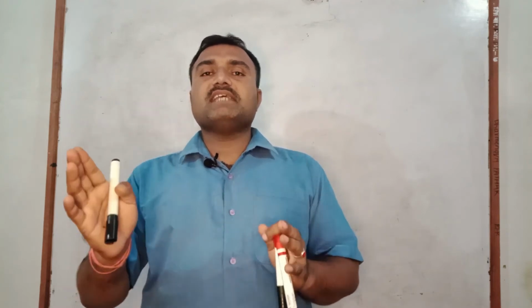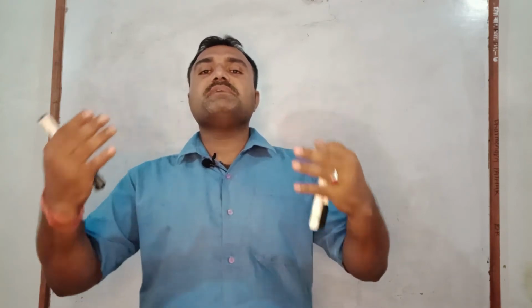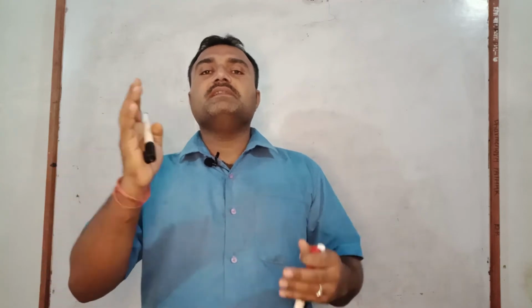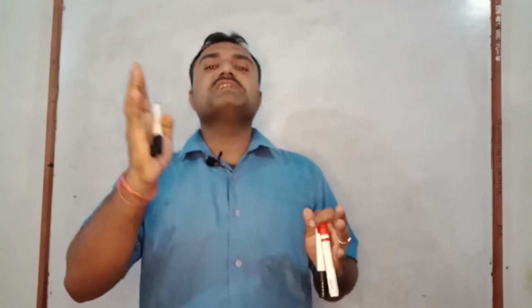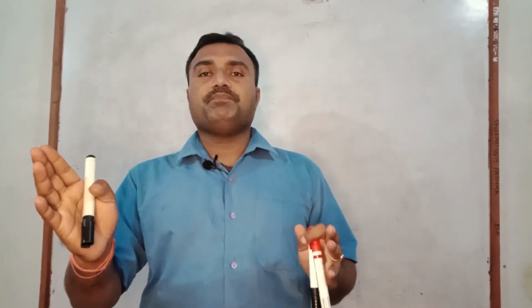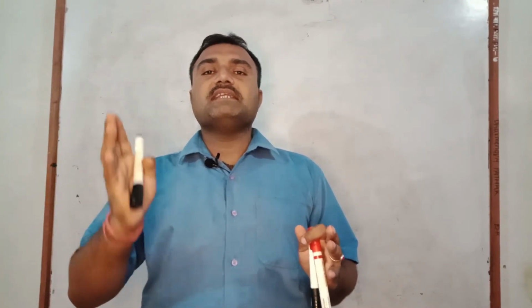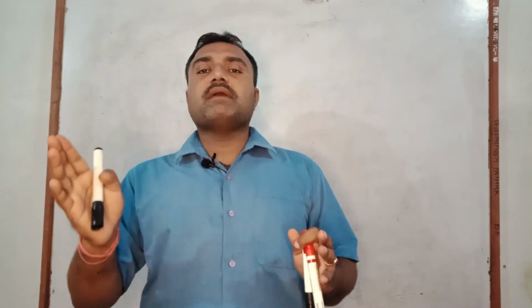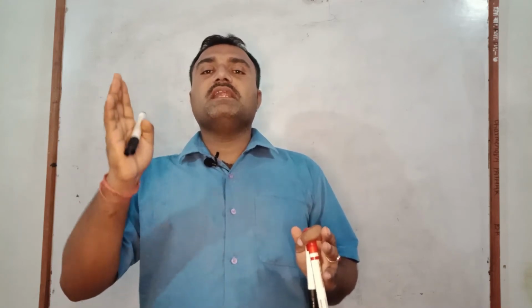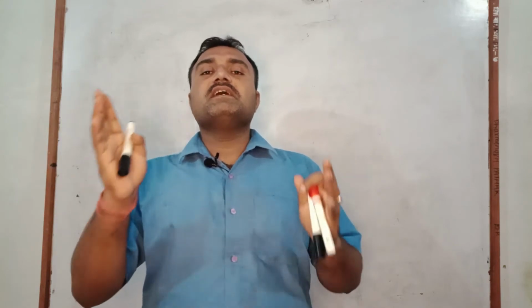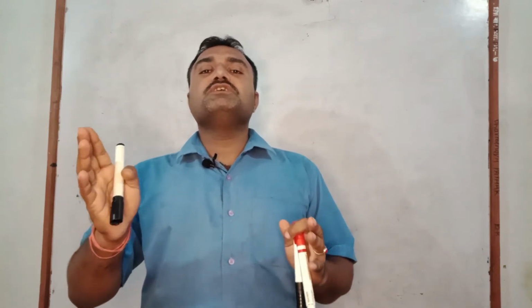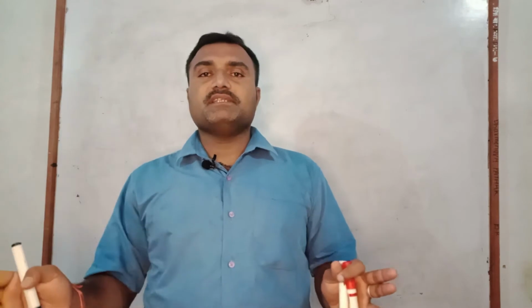If an object has more specific heat capacity, then it needs more heat energy to increase its temperature. And if a substance has less specific heat capacity, then it needs less heat energy to increase its temperature.